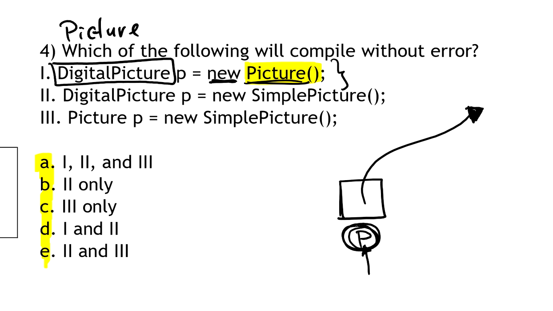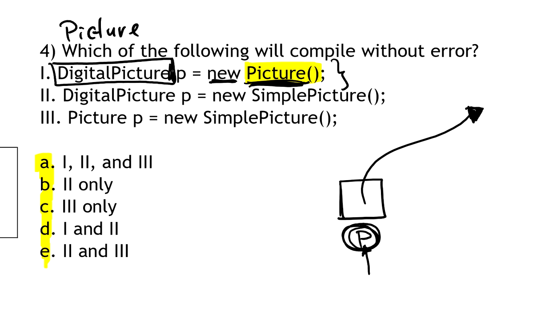So it cares that with P dot, the operator there, all the things I could call on this variable P are definitely covered in the picture class. I'm just limited to the digital picture interface methods, which aren't actually methods, they're just specified. The final one there is a problem.